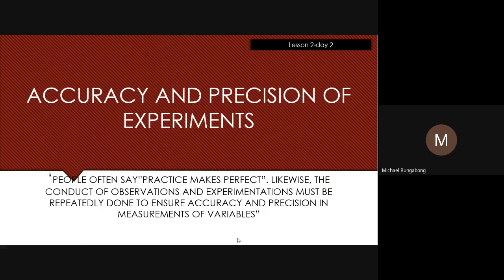Well, anyway, people often say practice makes perfect. Likewise, the conduct of observation and experimentation must be repeatedly done to ensure accuracy and precision in measurement of variables. So if you want to check your variables, diba, then we wanted to make sure that you have to try and try until you succeed, right? Kaya nga meron sabi dito, practice makes perfect.